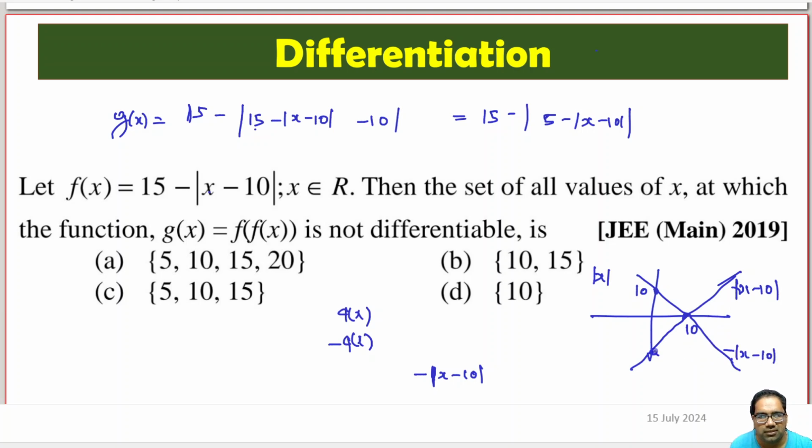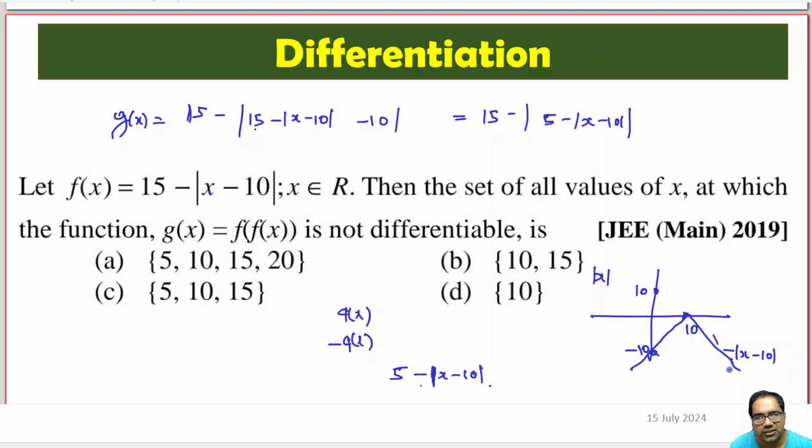Obviously, what does that mean? This point is minus 10. This point is 0. Now I am erasing this one. We have created minus of absolute value of x minus 10. Now what we want is 5 minus absolute value of x minus 10. So that means we have to add 5 to this minus of absolute value of x minus 10. What does that mean?